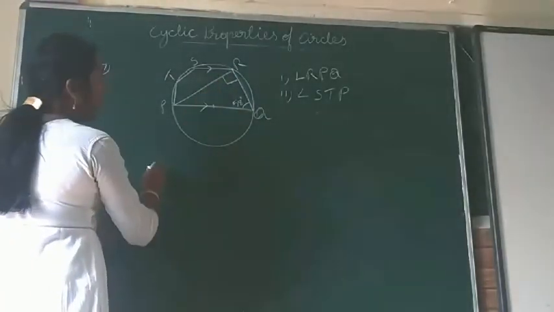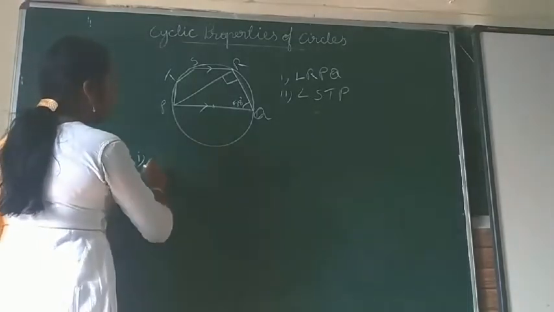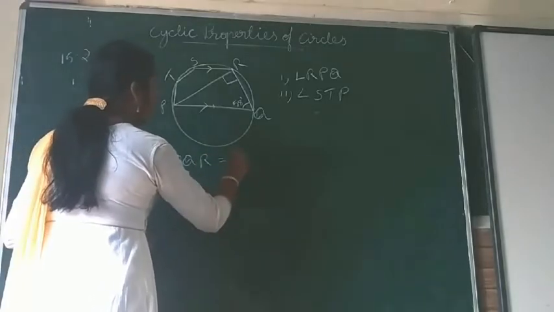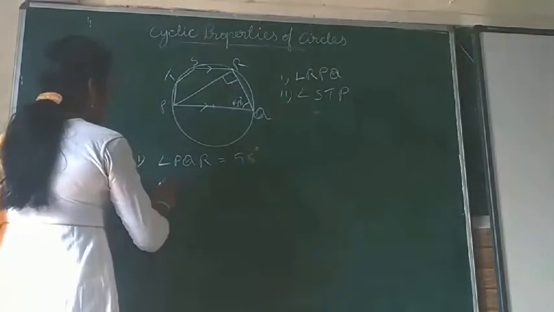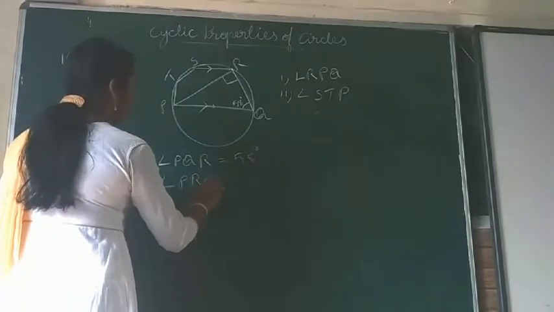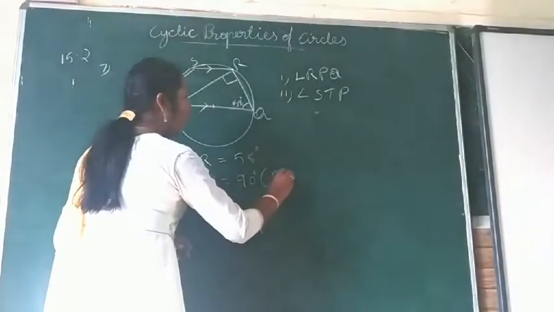Therefore, we can write for the first answer, it is given that angle PQR is equal to 58 degree and angle PRQ is equal to 90 degree. Angle in a semicircle.